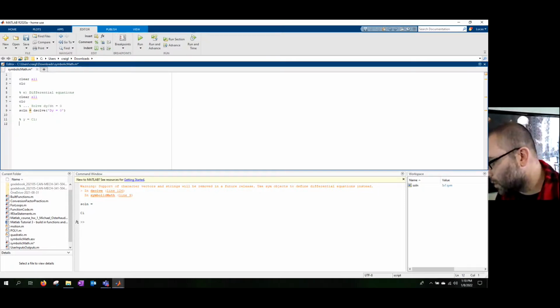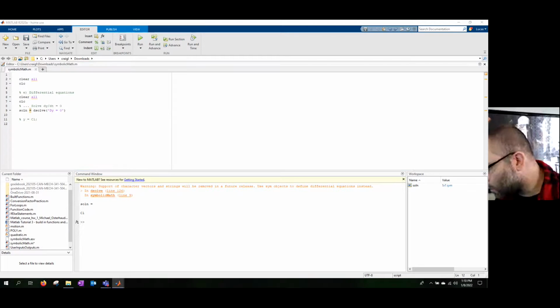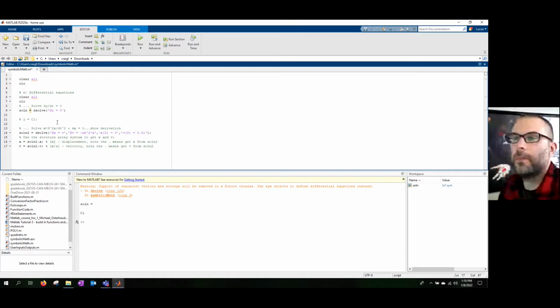Now, let's say we want to solve this differential equation, which is mass times the second derivative of x with respect to dt squared plus kx equals 0, okay?